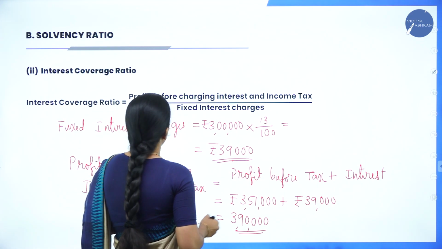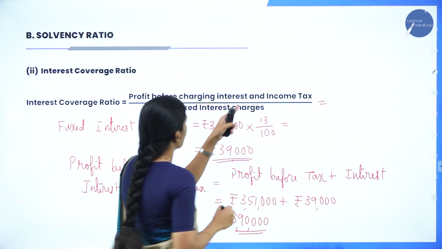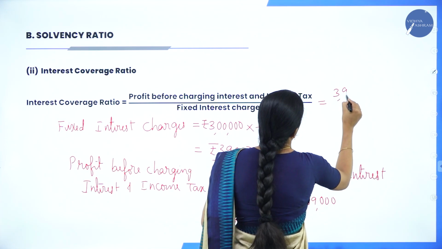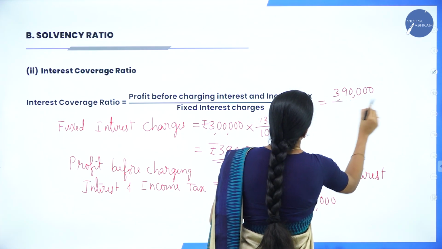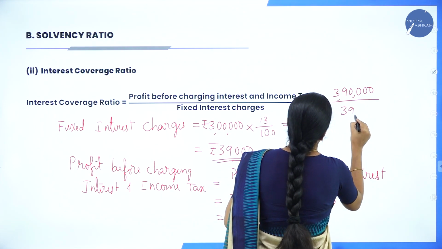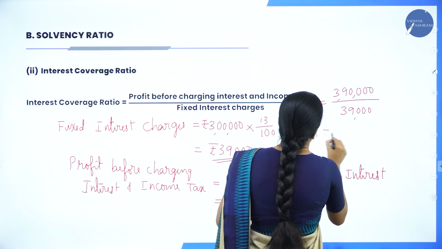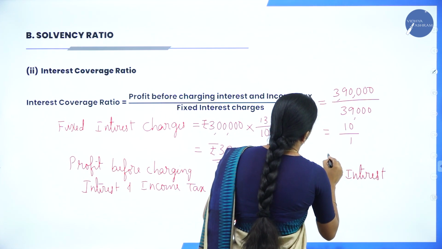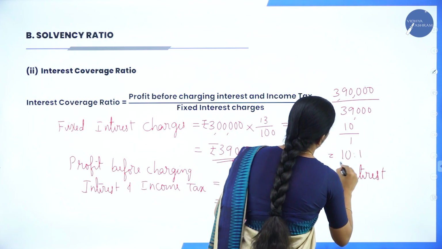Now, so you have to apply the formula. Profit before charging interest and income tax is 3,90,000 divided by fixed interest charges. Already we have calculated 39,000. So 3,90,000 divided by 39,000, that is 10 divided by 1, that is equal to 10:1.